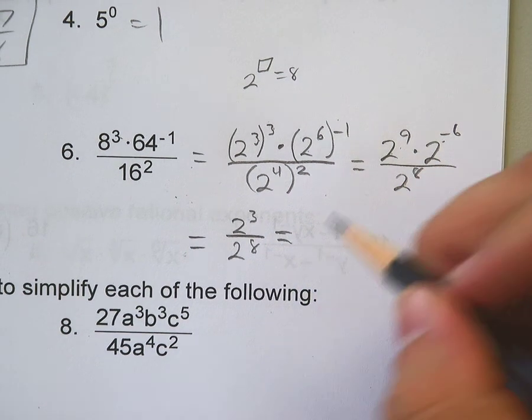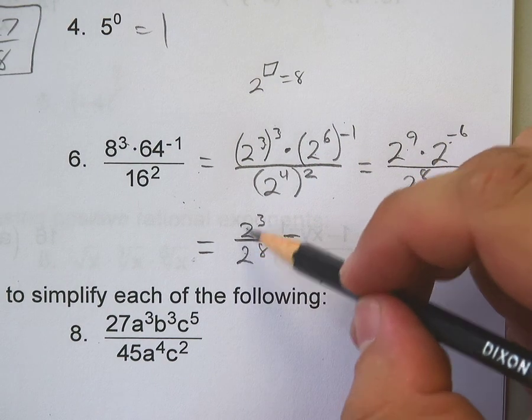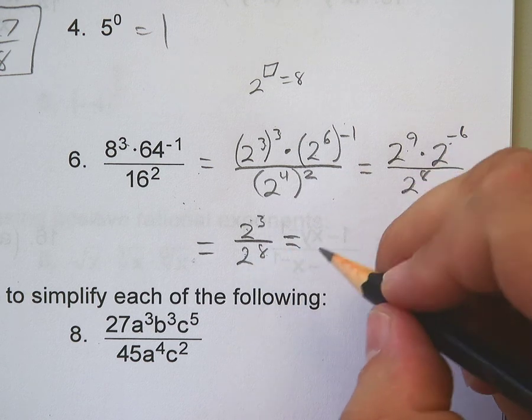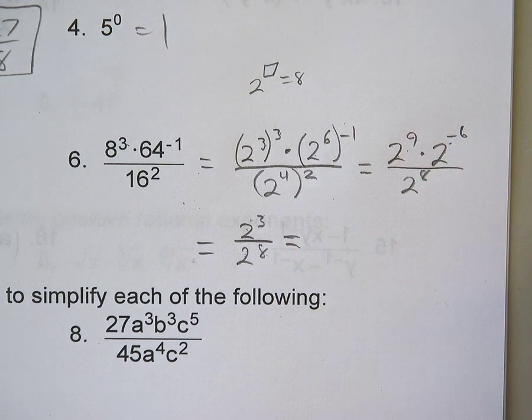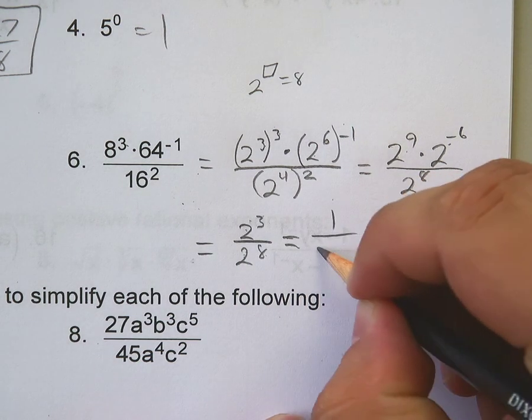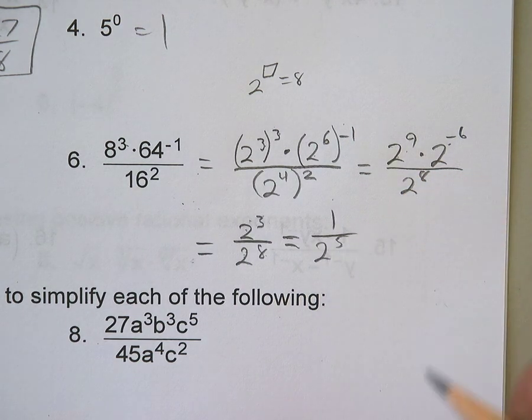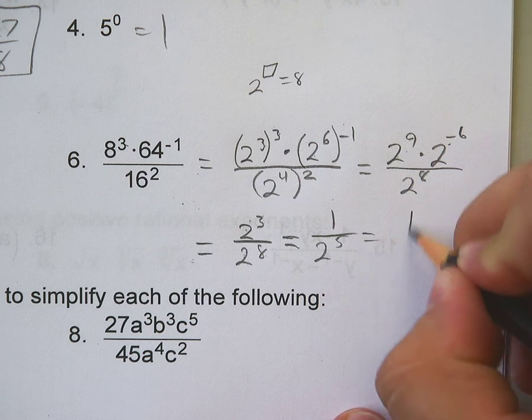And then you can set up your division. You've got like bases, so subtract your exponents. That's 2 to the 3 minus 8, which is a negative 5, or 1 over 2 to the 5, which is 1 over 32.